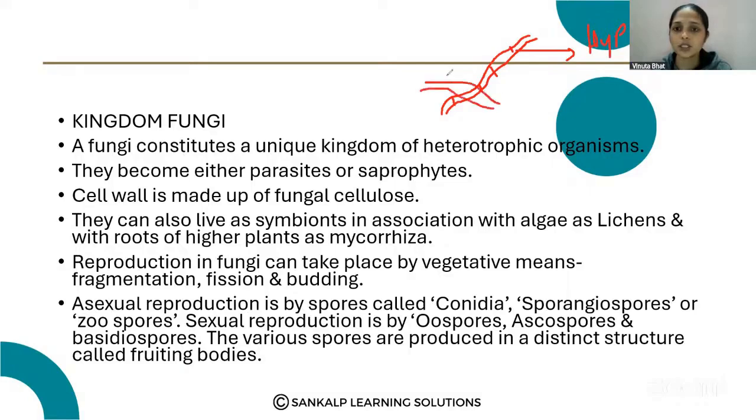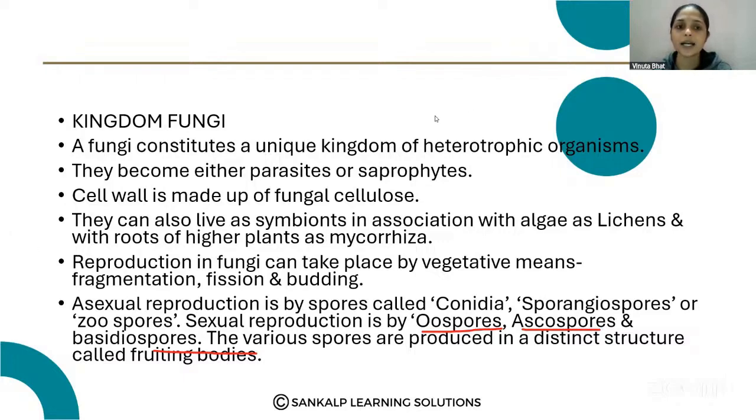The aggregation of hyphae forms the mycelium. The conidia are formed on the hyphae like this, and that is asexual reproduction. And spores and zoospores. Zoospores have flagella, so they are able to move. Some sexual spores are also produced, like oospores, ascospores, and basidiospores.